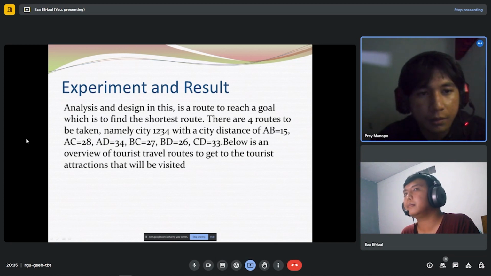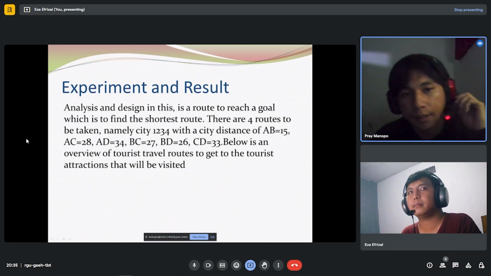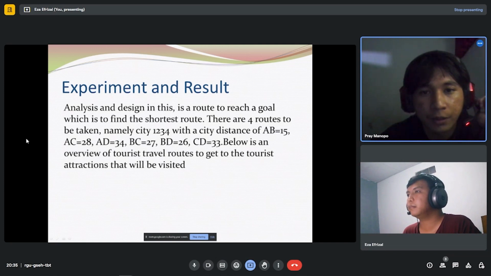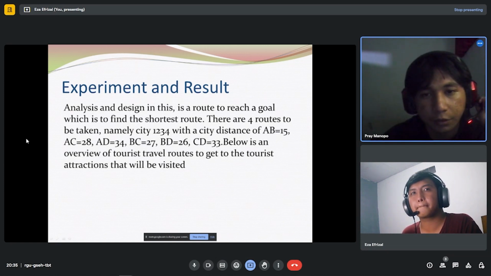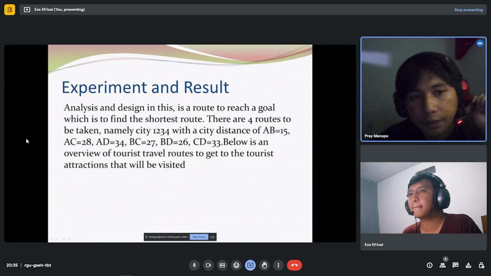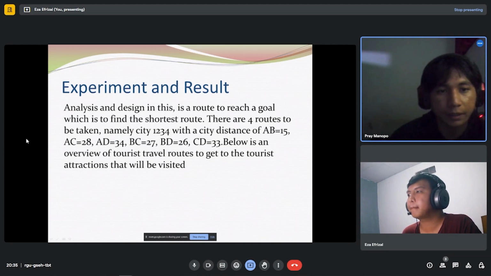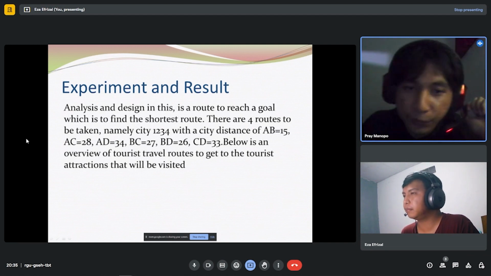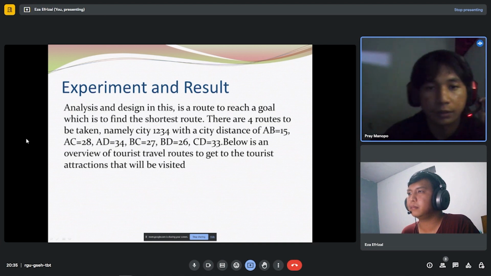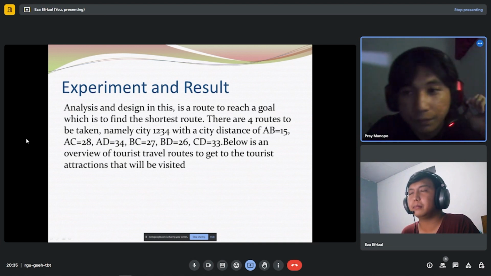Experiment and result. Analysis and design: this is a route to reach a goal, which is to find the shortest route. There are four cities to be visited, namely city 1, 2, 3, 4, with city distances of AB equal 15, AC equal 28, AD equal 34, BC equal 27, BD equal 26, CD equal 33.